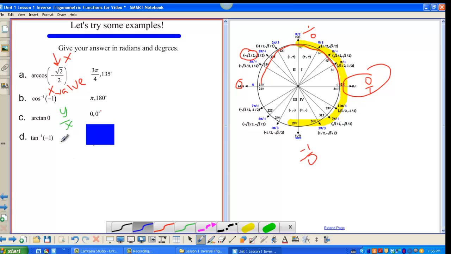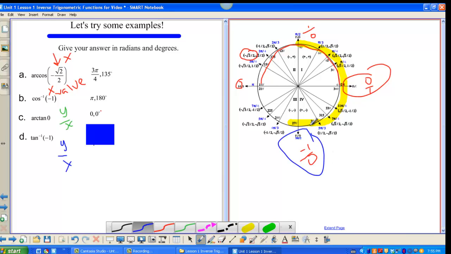And lastly, if I want to find the inverse tangent of negative 1, I have to find a y over an x coordinate that yields negative 1. So down here does not yield negative 1, that's undefined. This is 0, and this is also undefined. So by looking in the first and the fourth quadrants, those are not going to be my areas. In order to get 1, I need the same number in the numerator as the denominator, and since it's a negative 1, this is where life is good.